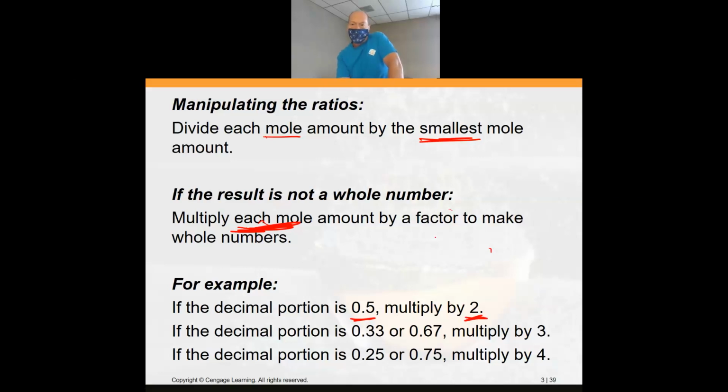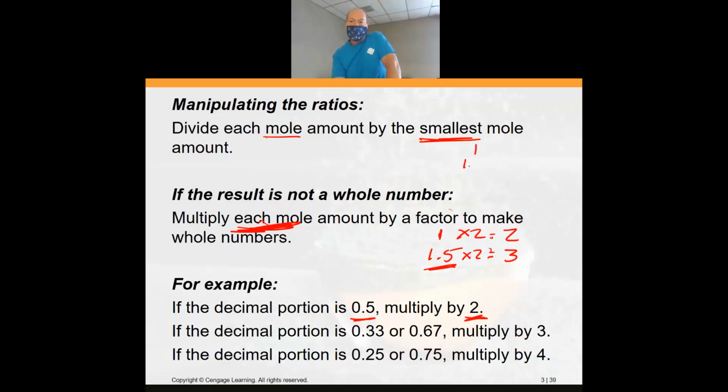So if you had a 1 and a 1.5, then you would have a 2 to 3 mole ratio. You would have to multiply not just the 1.5 by 2, but also the 1 has to be multiplied by 2. Each number of moles has to be multiplied by the factor.